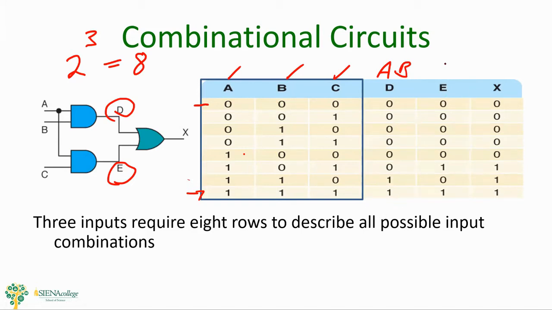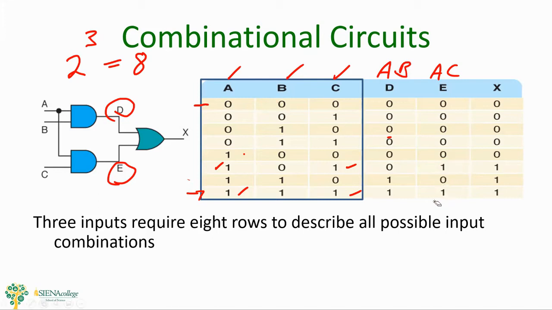We then have E, which is A and C. And the only time that we see both A and C being on is in this row and in the bottom row. So we have those both on.